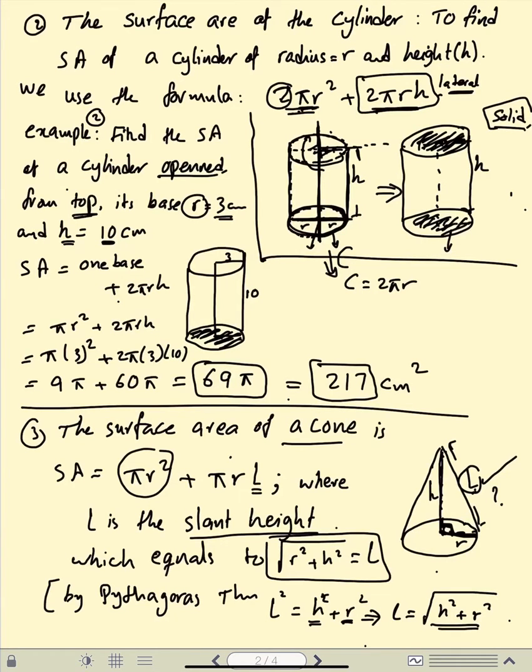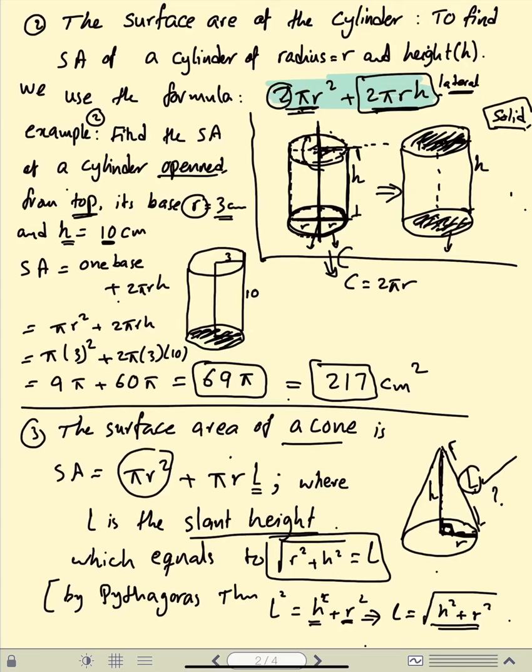Surface area of a cylinder. These are easy because they are formulas. You have to memorize them as an IGCSE student. As an O-level student, you must memorize, but it's not bad to understand some parts. So the formula for the surface area of a cylinder is this: 2 pi r squared plus 2 pi rh.